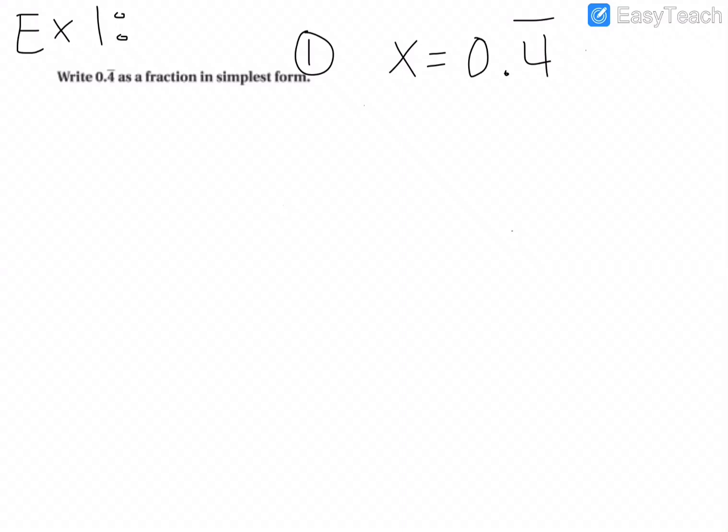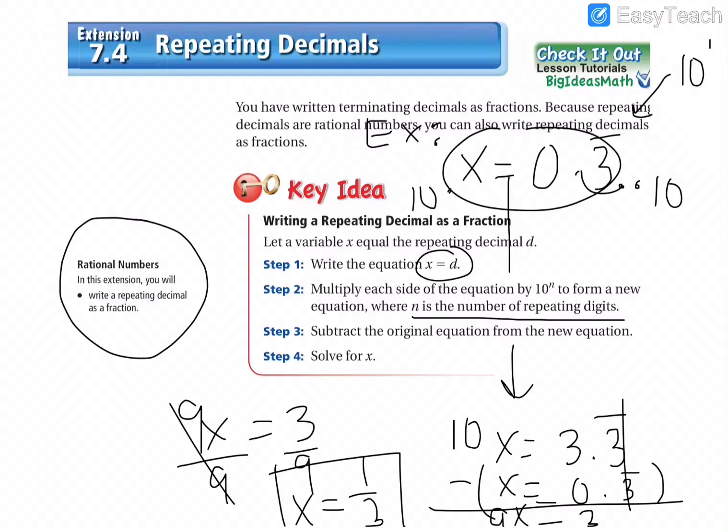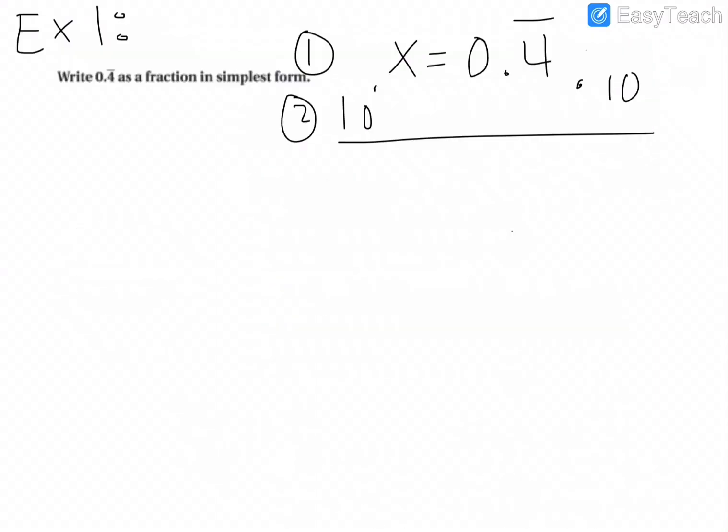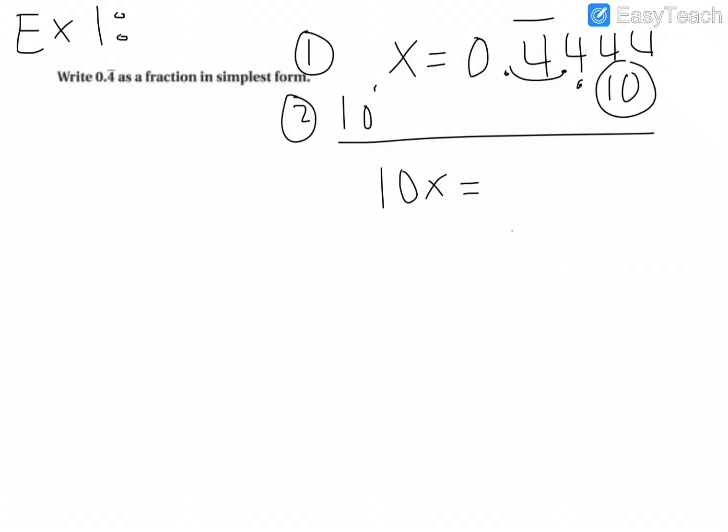Again, only one digit repeats, so I'm going to multiply both sides by 10. This is 10x equals, and a little hint: you might want to write out the repeating digit so that when you slide the decimal point over once, you see that you have 4 and 4/10 repeating.